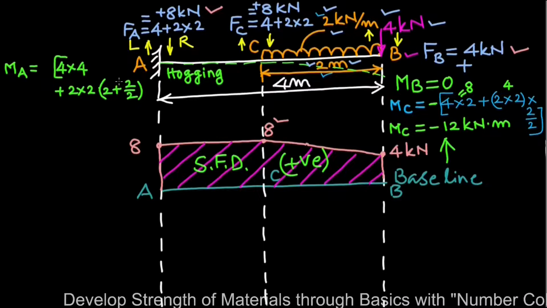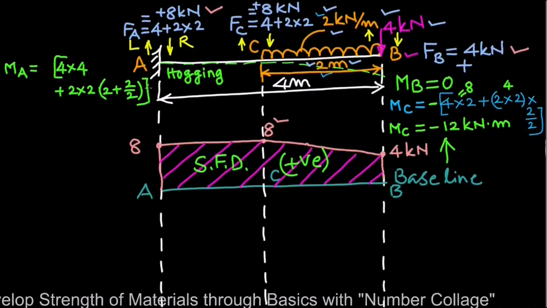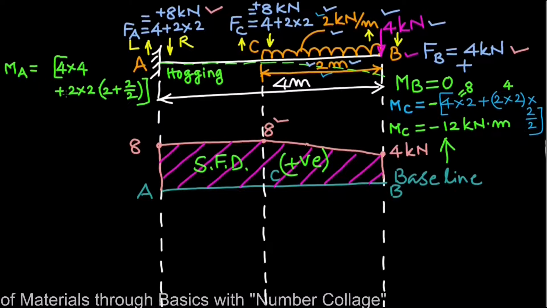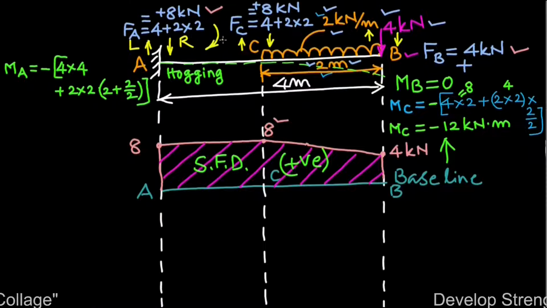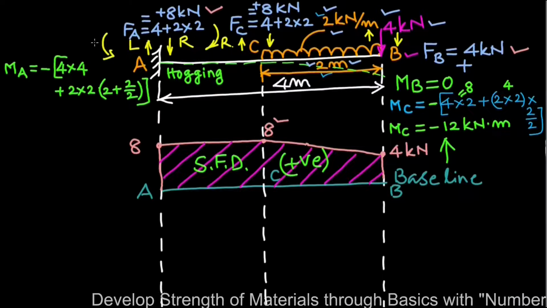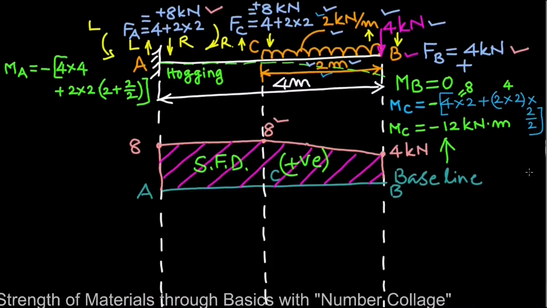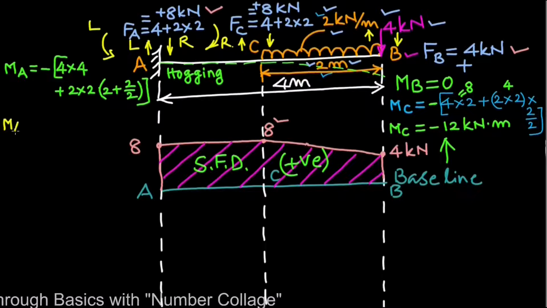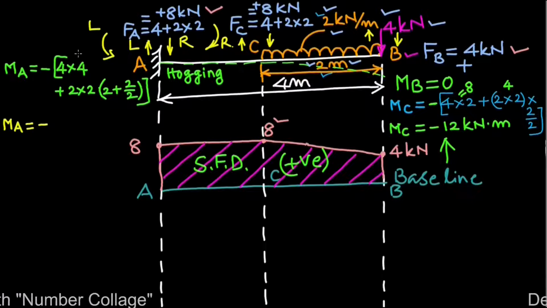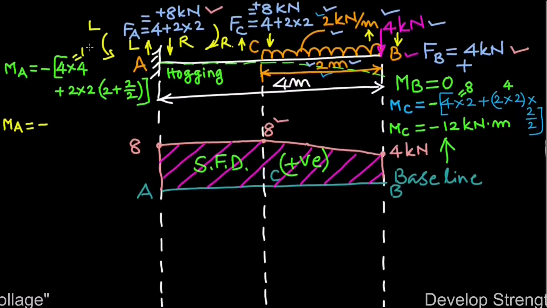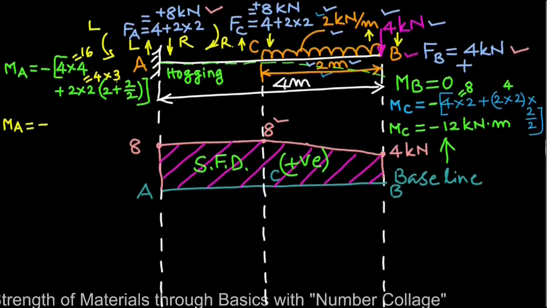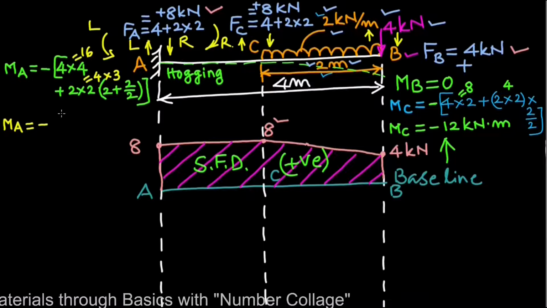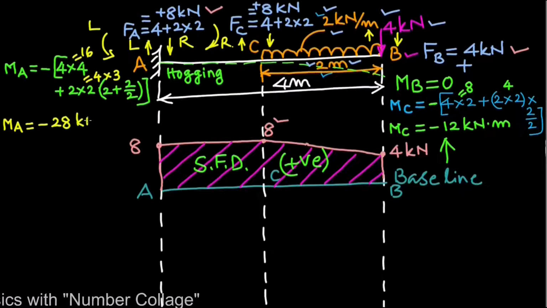And this bending moment is going to cause hogging bending moment, therefore it's going to be negative. It will cause a clockwise moment to the right of point A and anti-clockwise moment to the left of point A. So the calculation gives us bending moment at point A, MA, equals minus, this will be 4 fours are 16 plus 2 twos are 4 multiplied by 3. So 4 threes are 12, 12 plus 16, that will be minus 28 kilonewton meter.